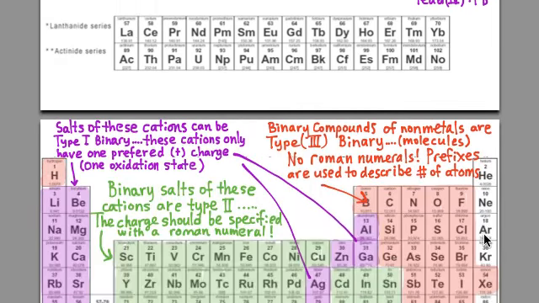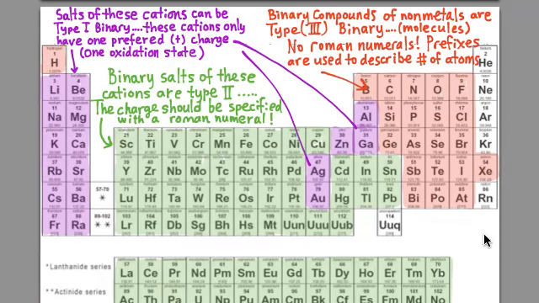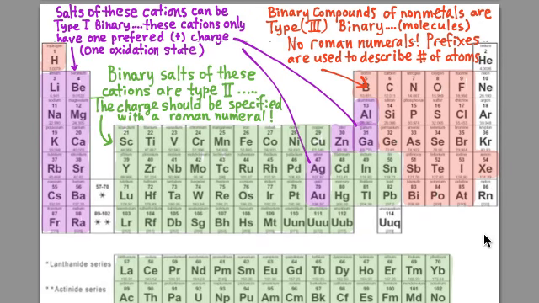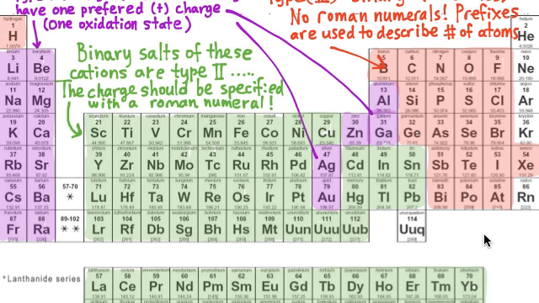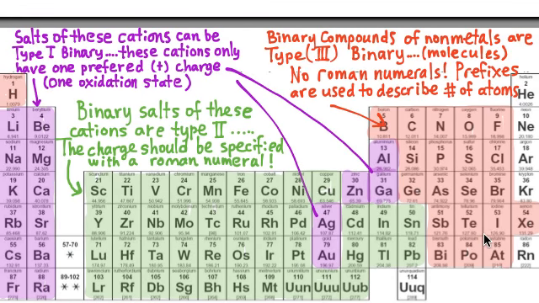So we can group the following naming schemes into a couple of categories. In the first category, called type 1 binary, I have a metal and a non-metal, but the metal has a predictable, typical, almost always the same charge.